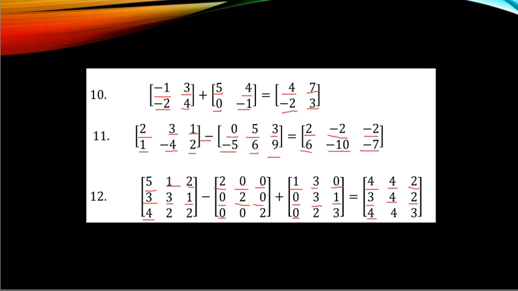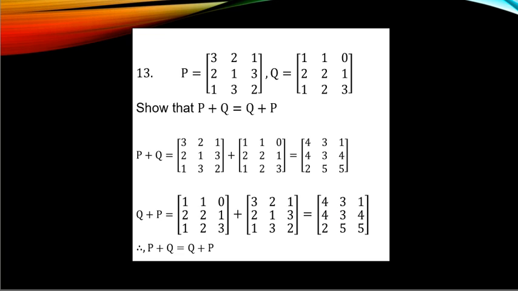That is the 4 you have here. The second entry in the third row, 2 minus 0 is 2. 2 plus 2 is 4. The last entry, the third row, 2 minus 2 is 0. 0 plus 3 is 3. Are you following? All right.